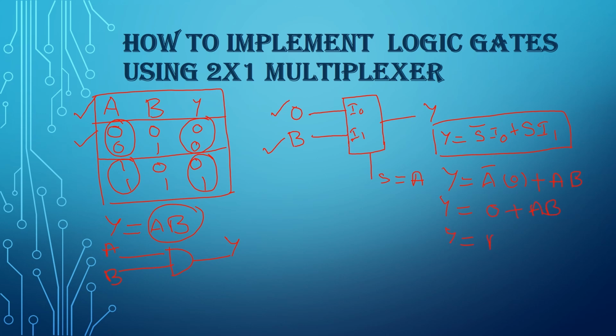So Y is equal to AB. So to implement AND gate using a 2x1 mux, this 2x1 mux takes two inputs, that is 0 and B, and selection input A. So this is how we can implement AND gate using a 2x1 mux.